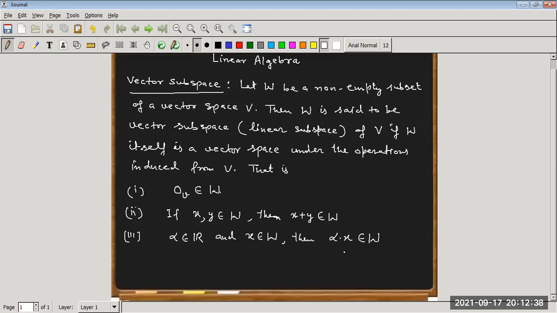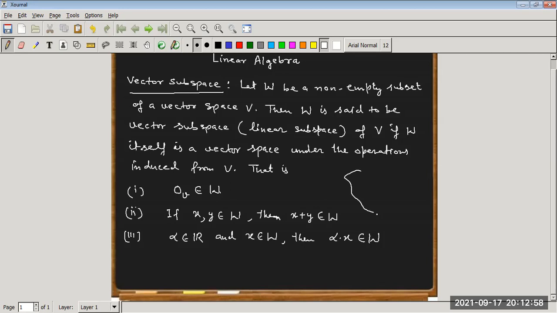So if W satisfies all three conditions, that is, 0V belongs to W, x and y belong to W then x plus y must be in W, and alpha is any scalar from the field, the field is the set of real numbers, and x belongs to W, then alpha dot x must be in W.